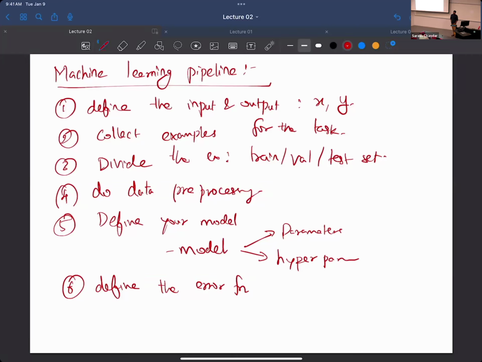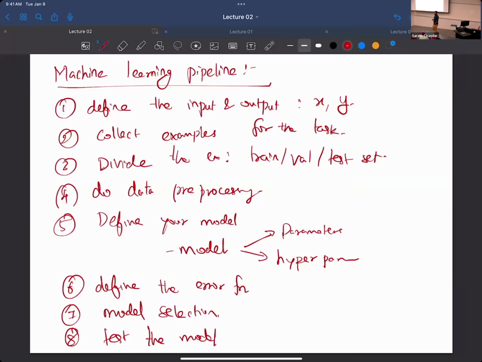Once you fix the error function, you have everything. Then you do model selection, which means trying different hyperparameters and looking at the validation performance, either using k-fold or just a normal train-validation split. Finally, you test the model with the test set.